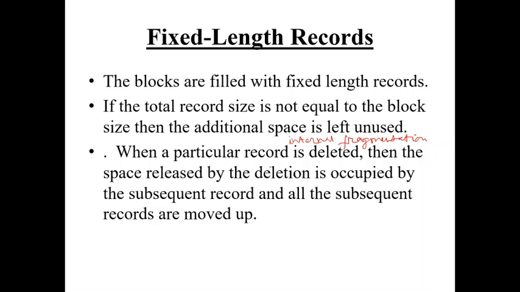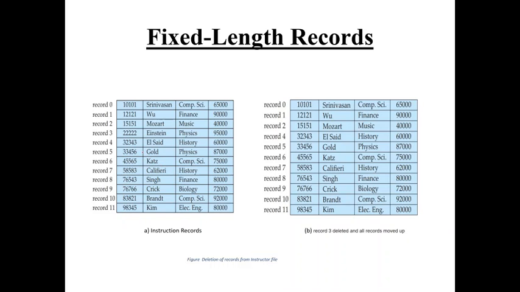Another problem: when a particular record is deleted, we shift all the remaining records one place up. In this example you can see there are 11 records.